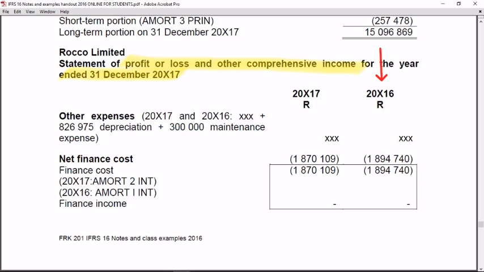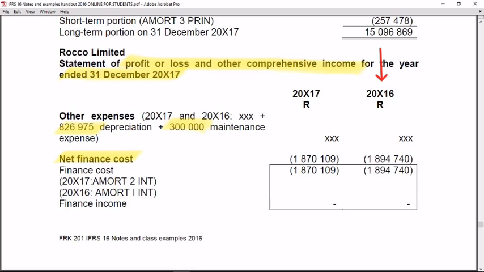So included in our other expenses for both years, there will be a depreciation expense of 826,975 on the right of use asset, and remember the 300,000 maintenance expense that was recognized through profit or loss. Then, as part of your line item net finance cost, we will have the finance cost relating to this lease contract.